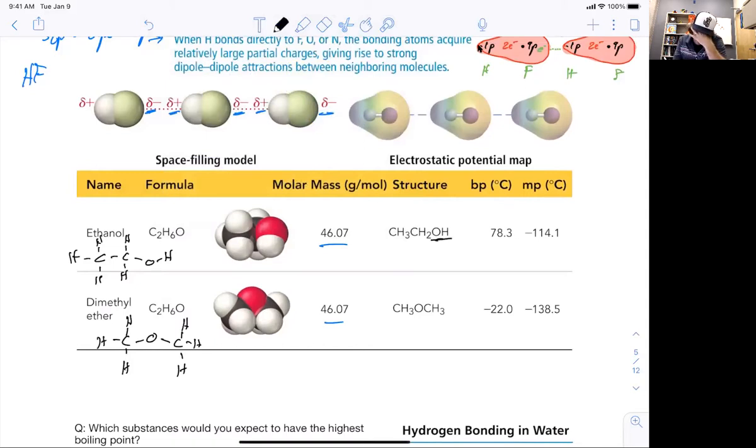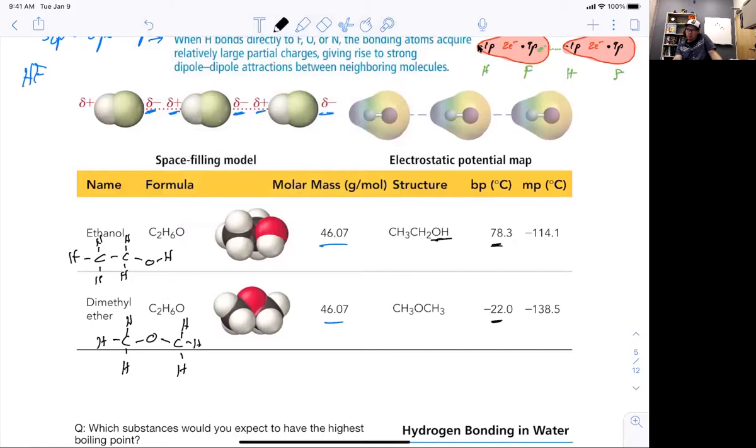They have the same molar mass, but look, the boiling points are very different. Almost 100 degrees different. Dimethyl ether boils at -22. So again, you have to pull it out of like a -80 freezer or something like that. And when you pour it out, it starts boiling immediately. As soon as it gets up to -22, it starts to boil.